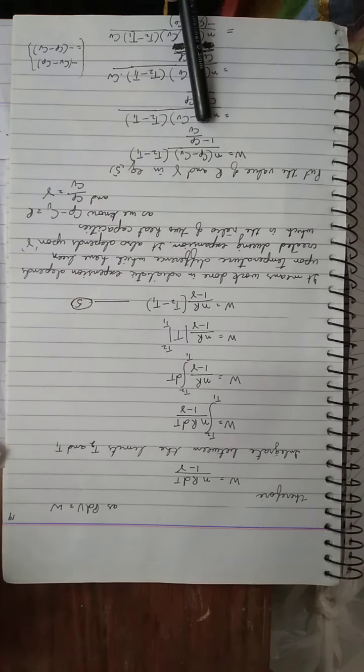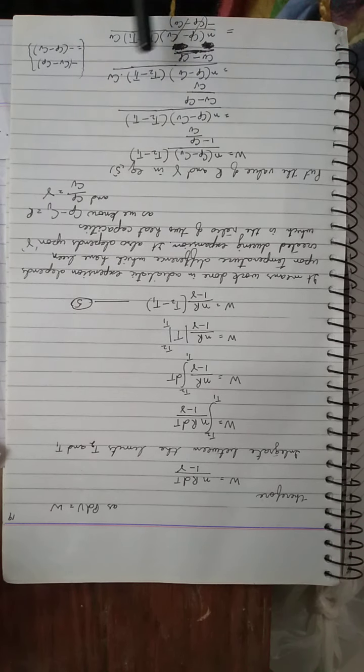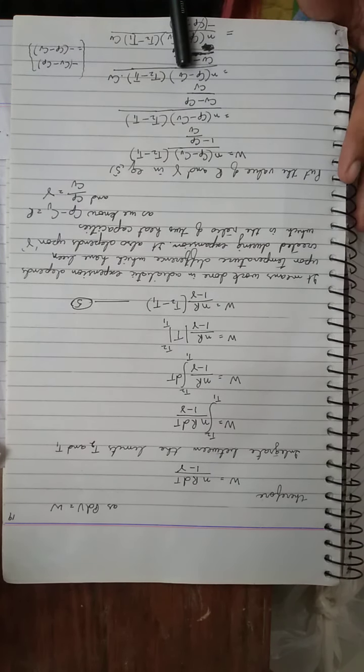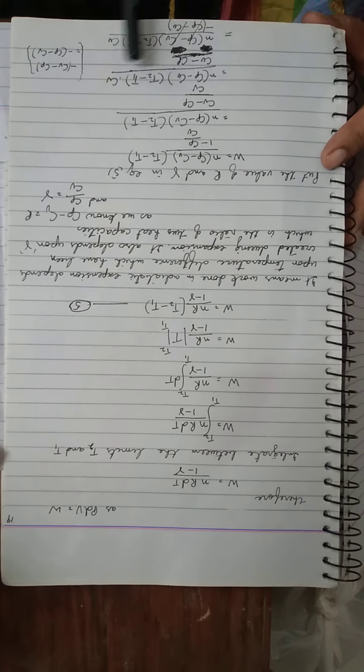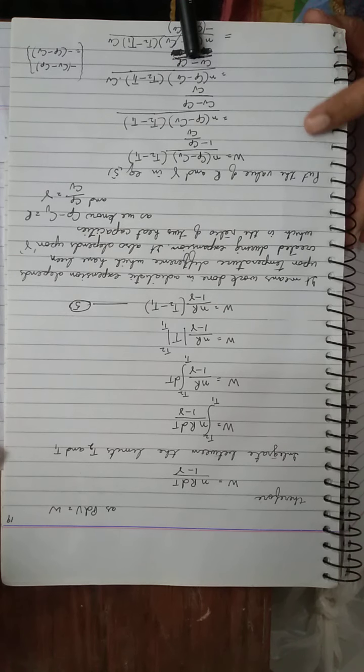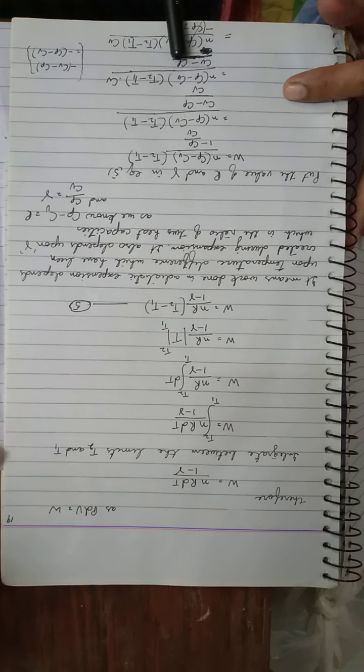Now solve this one. 1 minus Cp by Cv, you can write Cv here, take the LCM, Cv minus Cp by Cv. This is equal to, bring this Cv here at this point. So n Cp minus Cv into T2 minus T1 into Cv divided by Cv minus Cp.